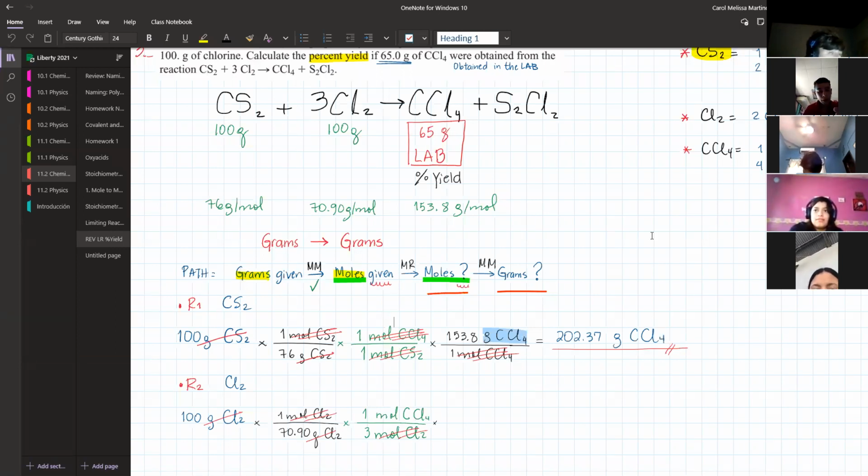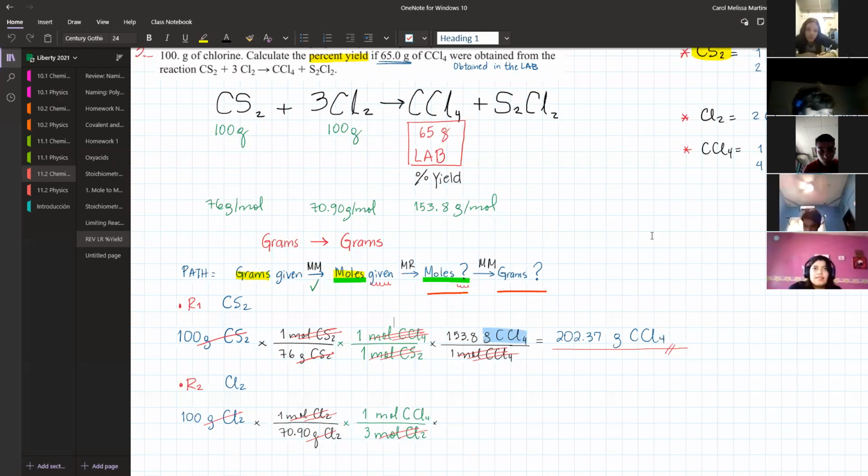And now, from moles unknown to grams unknown, you need to use the molar mass of the unknown. So the molar mass of the unknown is 1 mole of CCl4 that has a mass of 153.8 grams of CCl4.